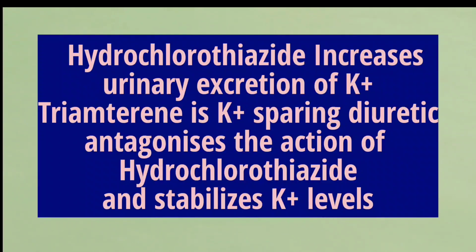Triamterene is a potassium-sparing diuretic and antagonizes the effect of hydrochlorothiazide and helps to maintain serum potassium levels. So the effect of the combination is an example of pharmacokinetic antagonism where triamterene antagonizes the effect of hydrochlorothiazide and the effect is on urinary potassium excretion.